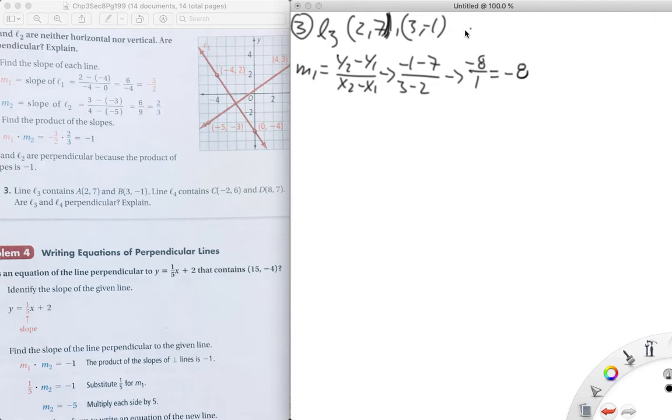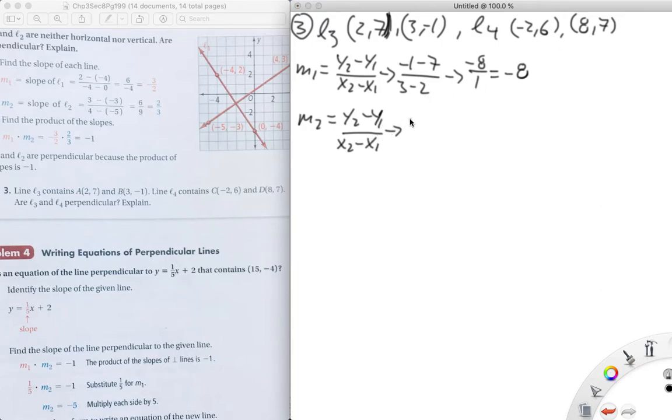For L4, they give me points (-2, 6) and (8, 7). We'll call this slope 2. We'll do the same equation, y2 minus y1 over x2 minus x1.